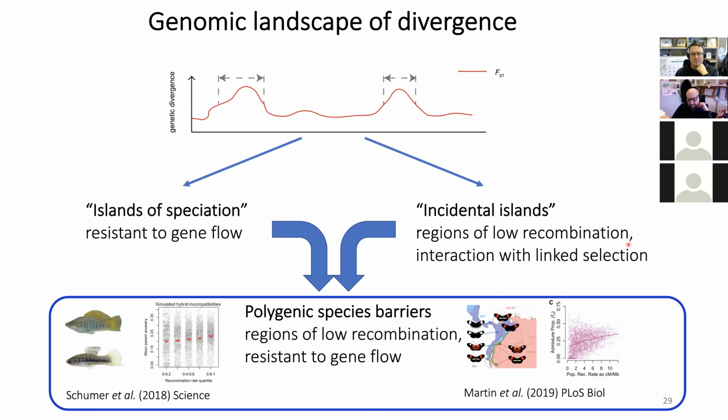So one explanation for that could be that regions of low recombination are important in generating incompatibilities between species.